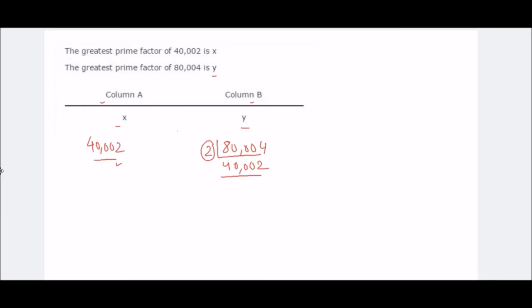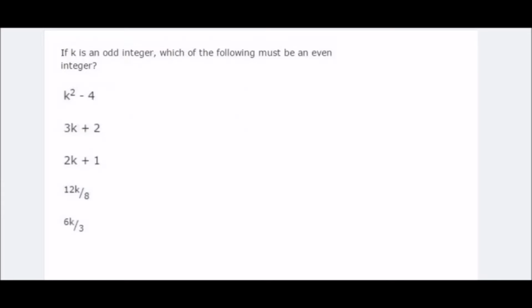It is the least prime factor. Here 40,002 divided by 2 is 20,001, and 80,004 divided by 4 also becomes 20,001. So whatever the value will be for both conditions will be the same. We can conclude that x is equal to y, and that's why we choose option C.